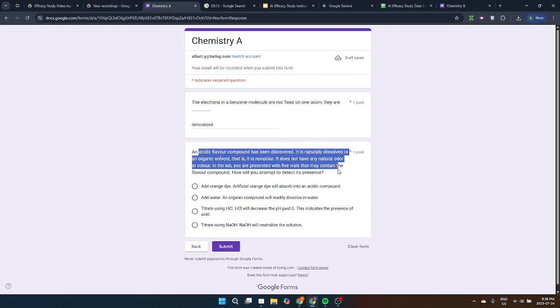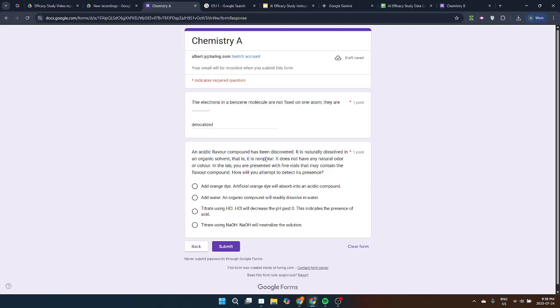Acidic flavor compound naturally dissolves in organic solvent. Okay, it's nonpolar. It's not polarity this time. Does not have any natural odor or color.